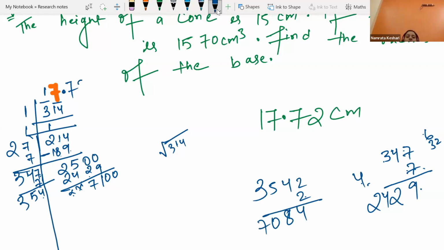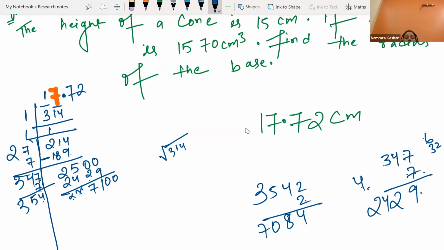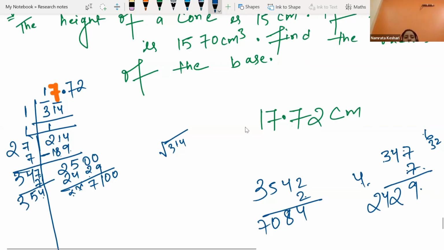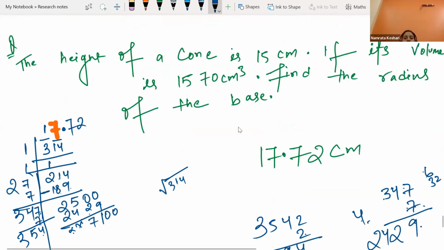Okay, 2 will be taken. Yes, your answer is correct. Rest of the students, are you getting what we are doing exactly over here? We are finding the square root of 314. I'm not sure whether you are getting 314 or what. Are you getting 314? Anyone?